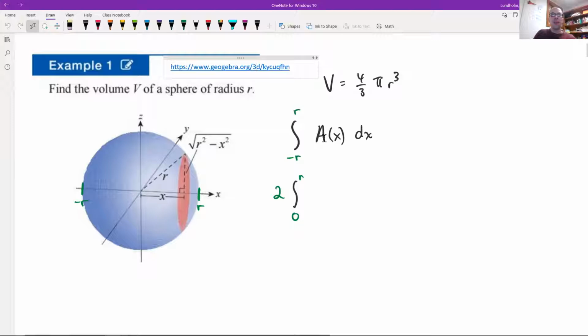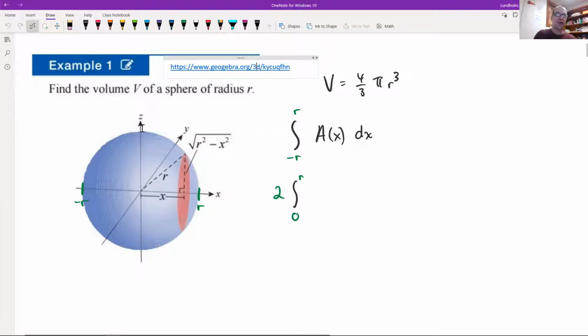And we need to come up with a function for the area of that red circular cross section. Well, normally that is pi r squared, but notice that the radius of the circle is not the radius of the sphere the entire time.